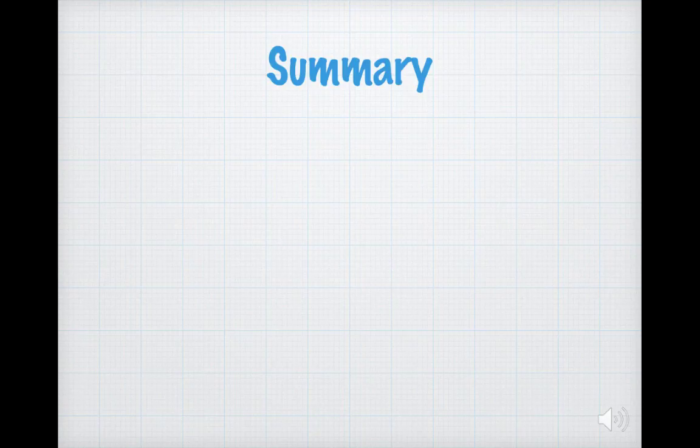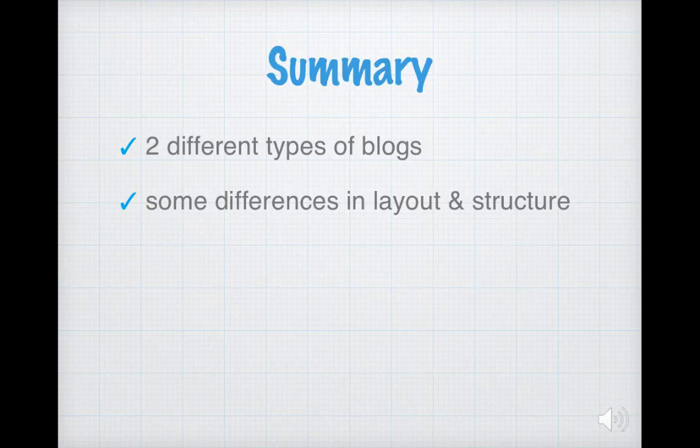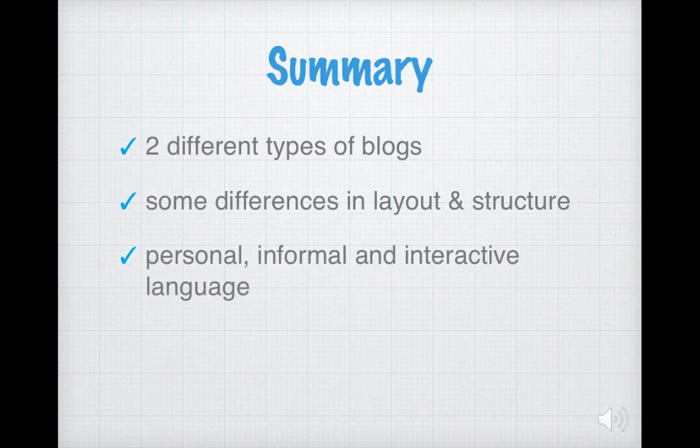Fine, so let us now summarize what you have learned so far. Now you know that there exist two types of blogs, namely a blog entry and a blog comment. Then there are also some differences between them in terms of layout and structure. For example, that a blog comment does not need a title, but the blog entry does.